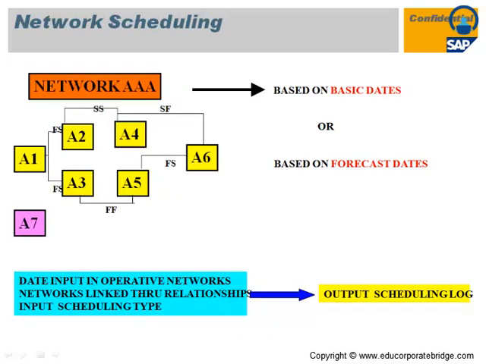Similarly, for scheduling on the network activity, the prerequisite is that you have to link the activities through relationships, that is finish-finish, finish-start, start-start, start-finish. You have to maintain the duration, how much planned duration is required to complete that activity, and finally the system will schedule your entire network activity dates.